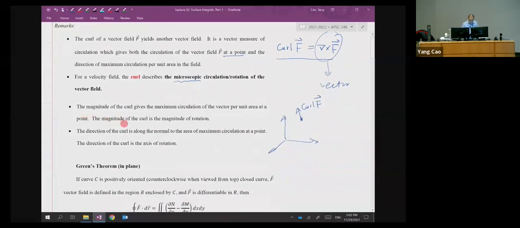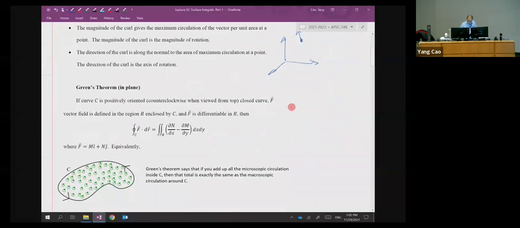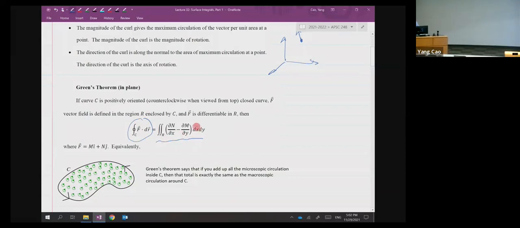The last bullet reiterates the two components of the vector. And from here, we learn a new theorem, Green's theorem. Green's theorem says, if you have a curve C that is positively oriented, counterclockwise when viewed from the top, and it's a closed curve placed in the vector field F, and you're required to calculate the vector line integral over this curve C, then an alternative approach is to calculate a double integral that gives you the same result.